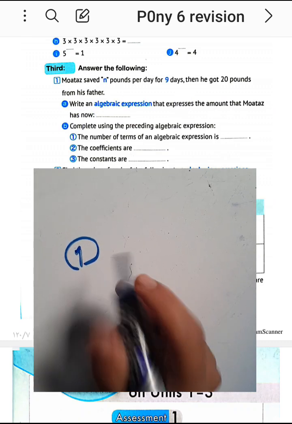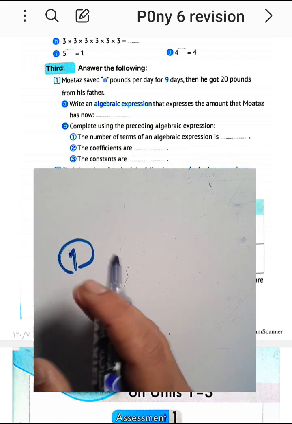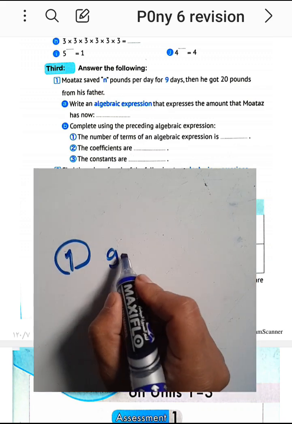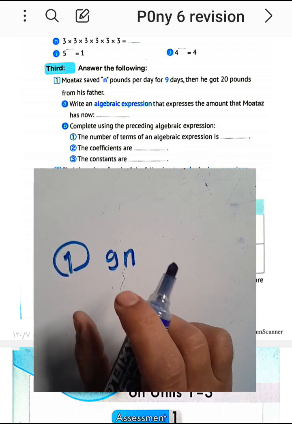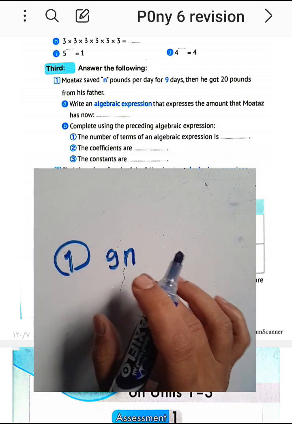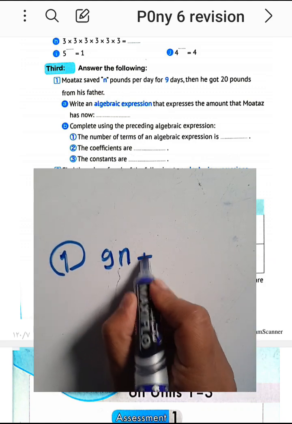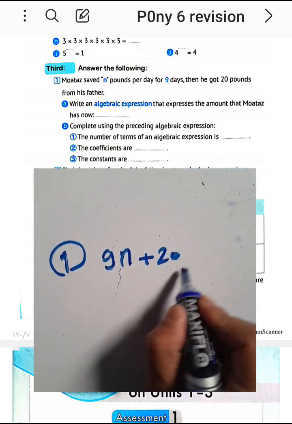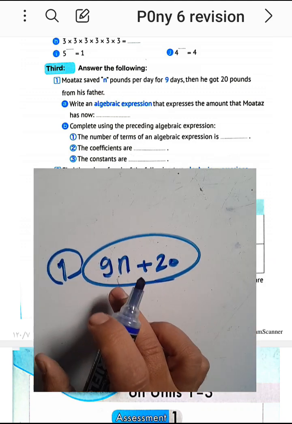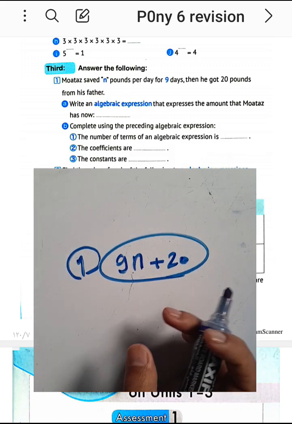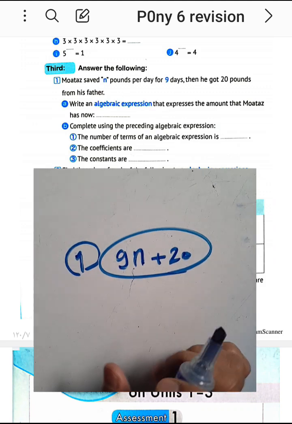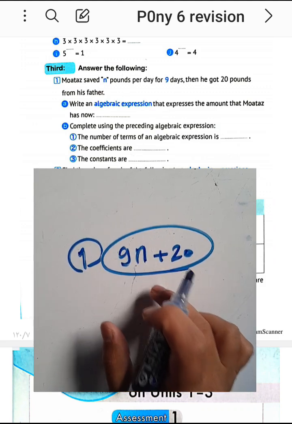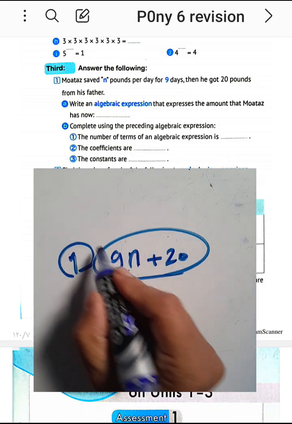He will have after 9 days 9n pounds. And then he got 20 pounds from his father. So the total will be 9n plus 20. The total money with Mu'taz. So this is the algebraic expression for letter A.